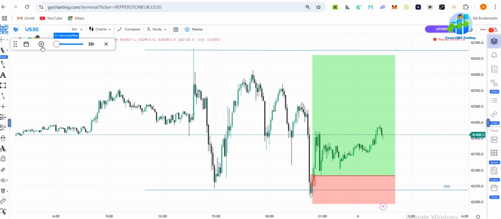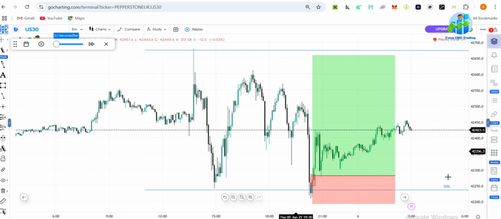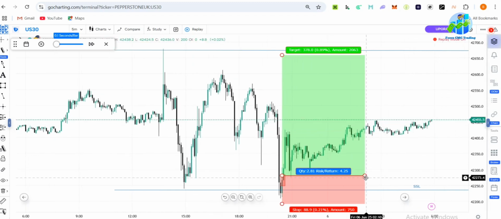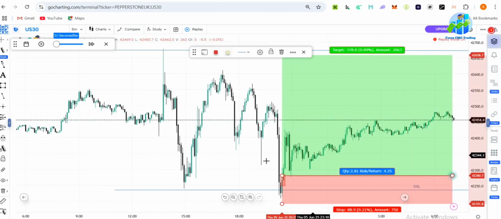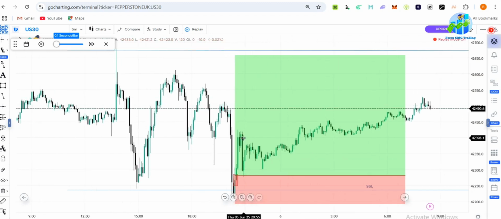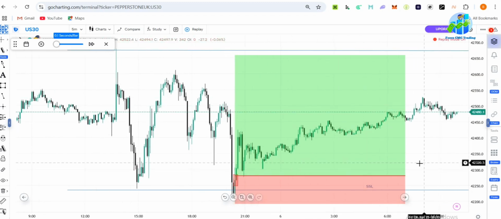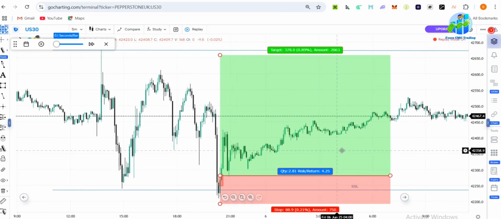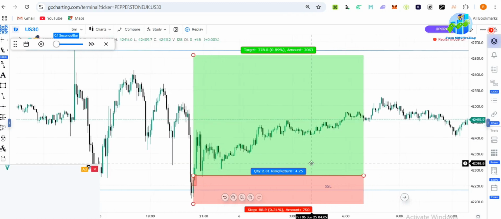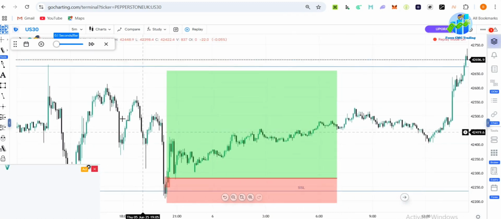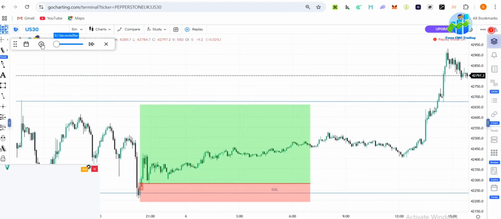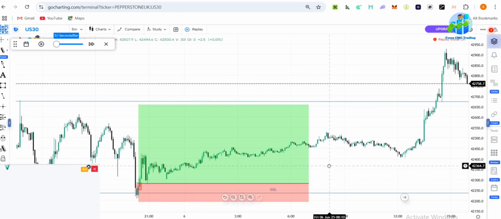Okay, so let's go. So this consolidated, this is a 1:4 trade. Okay, you see that now. Beautiful trade.